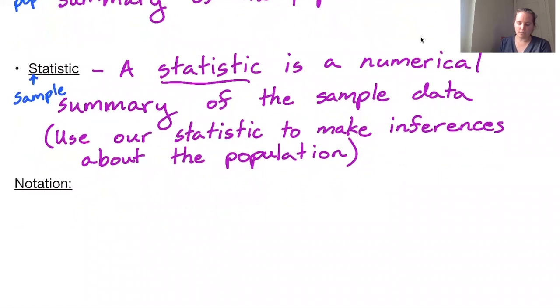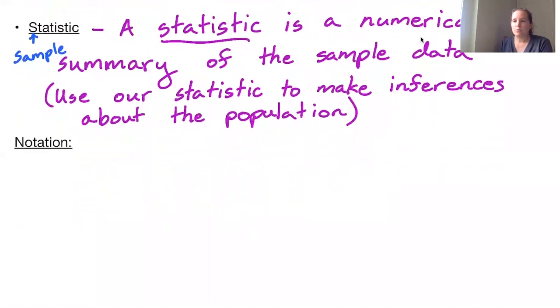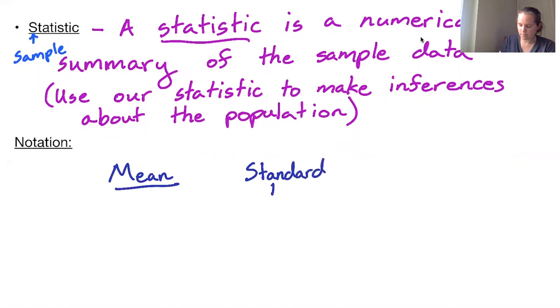So the main parameters that we will study, or the main numerical summaries that we will study, will be the mean, the standard deviation, and proportion.